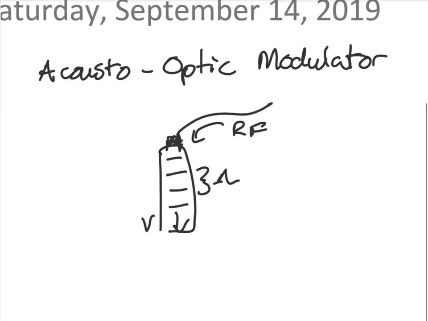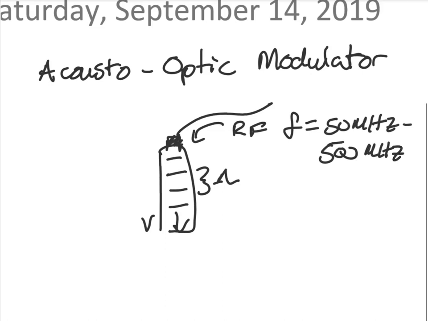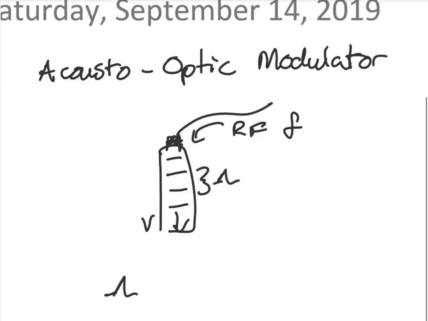Now, typical frequencies to excite an acousto-optic modulator might range from between 50 megahertz to somewhere in the neighborhood of 500 megahertz or maybe a gigahertz. Now, we can find big lambda using the familiar expression, big lambda f equals v.